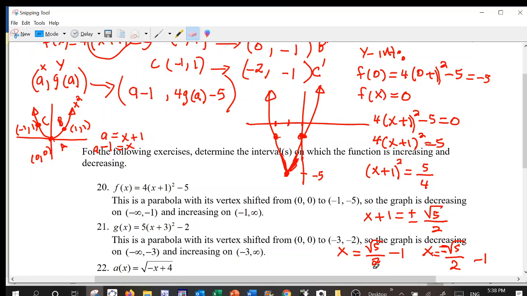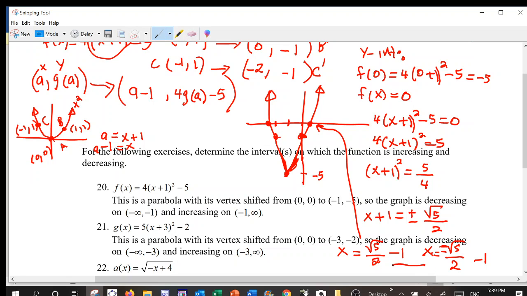Now the square root of 5 over 2: the square root of 5 is like 2 point something, divided by 2 is like 1 point something, minus 1 is point something, which is this point right there. And then the other one, that's negative 1 point something, minus 1 is negative 2 point something, which is this point right there.